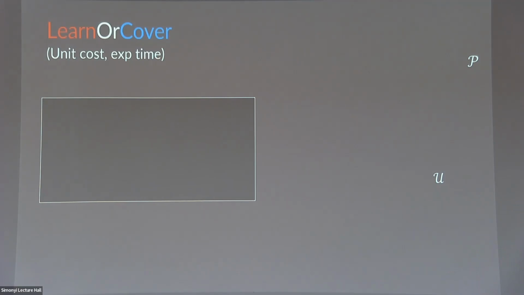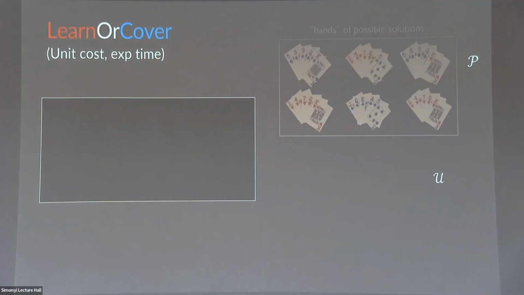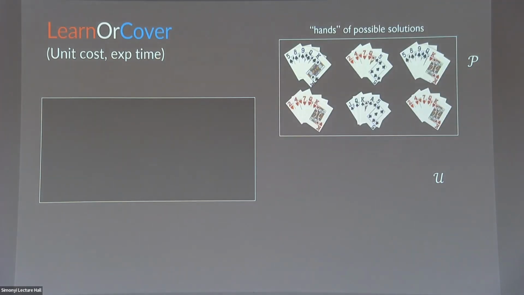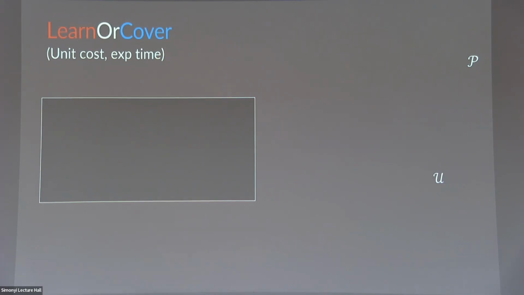I love these one-slide algorithms. So what's the algorithm? Actually, there's one more caveat. Let me assume I know the size of opt. Again, I can get rid of this. But suppose I know that opt has k sets in its solution.